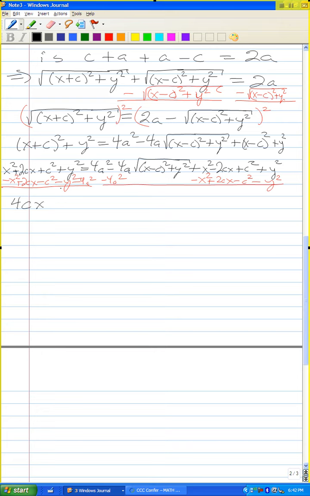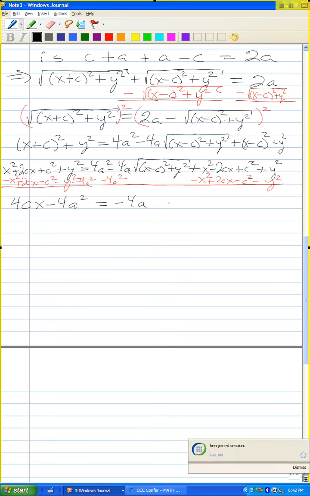C squares cancel, y squares cancel, and minus 4a squared, the 4a squares cancel, leaving negative 4a radical of (x minus c) squared plus y squared. Okay, so far so good.